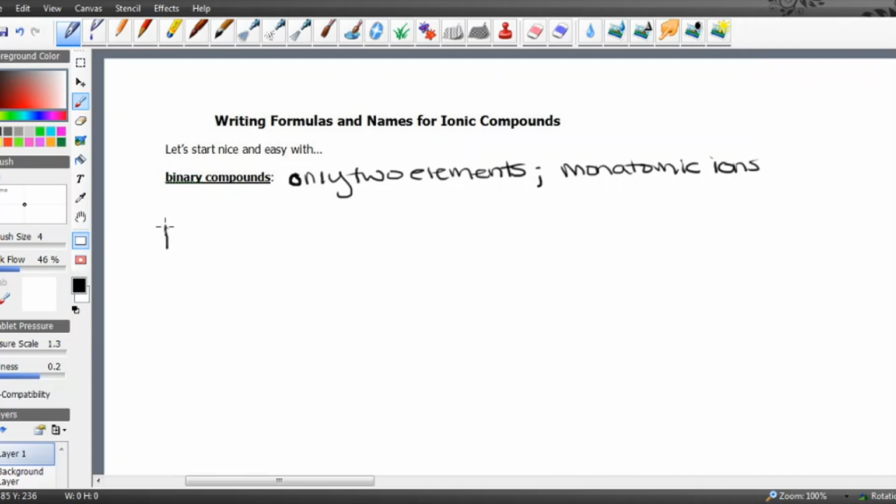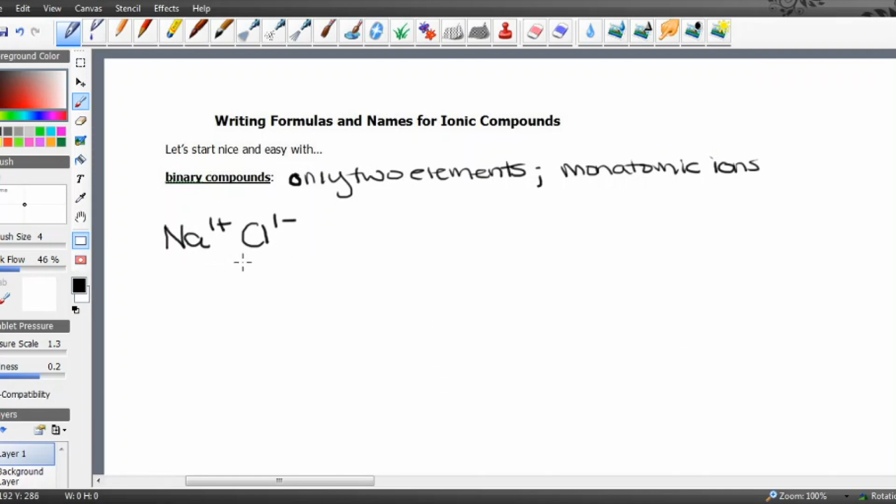Sodium's in group 1, and so sodium will always make a 1 plus charge. And then I'm going to find chlorine on the periodic table, and chlorine's in group 7, which means chlorine is always going to make a 1 minus charge. And then I need to make those charges cancel one another out.